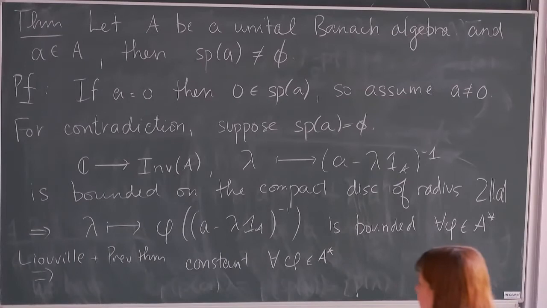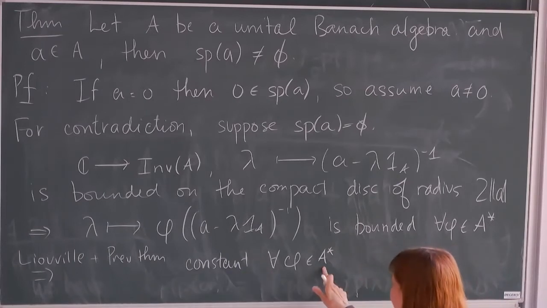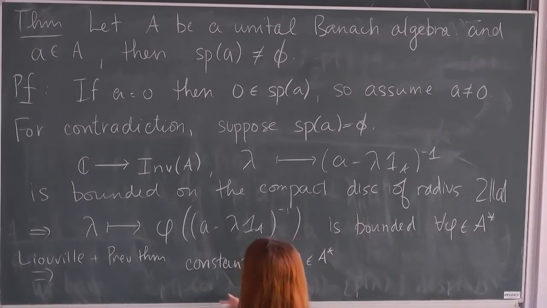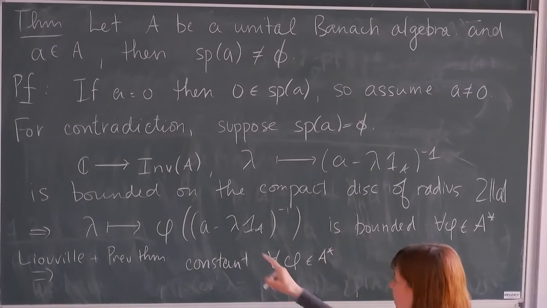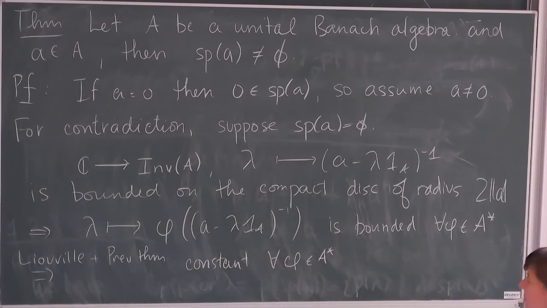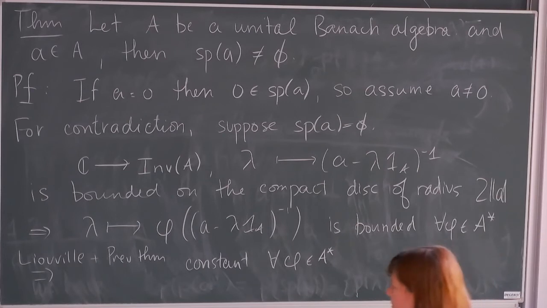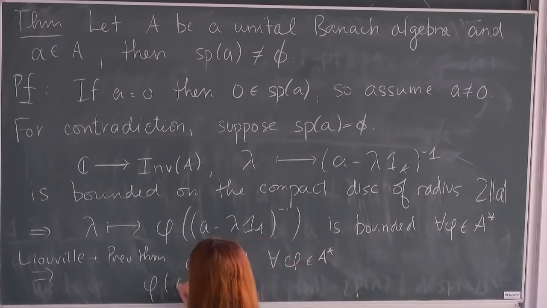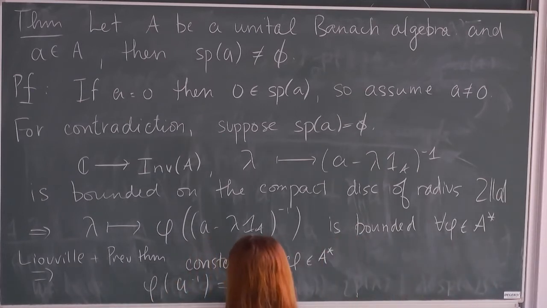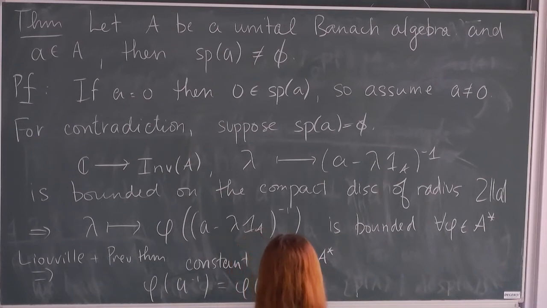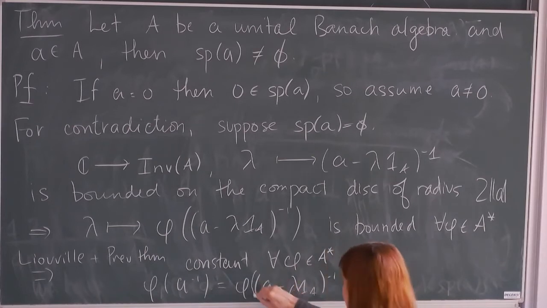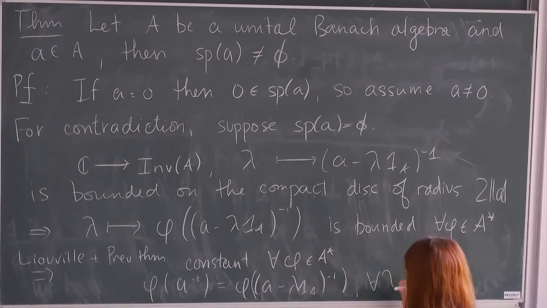Okay, but these are linear functionals, and this is for every lambda in C. So we get the fact that phi of A inverse is equal to phi of (A minus lambda 1A) inverse for every phi in our dual.